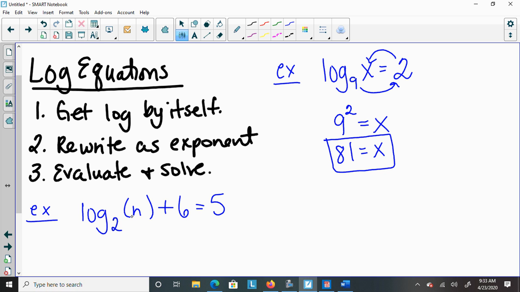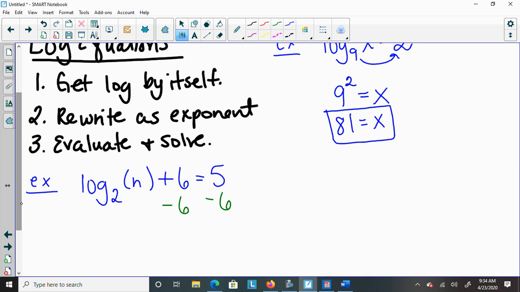The log's not by itself. We have this plus 6 that we need to get rid of. So the first thing we're going to do is subtract the 6 from both sides. So we have log base 2 of n, and that's going to equal -1. So now the log is by itself.